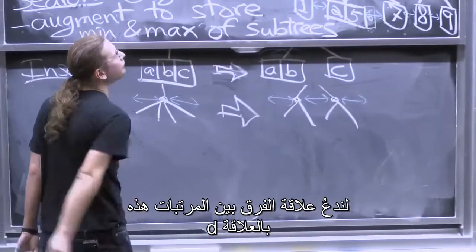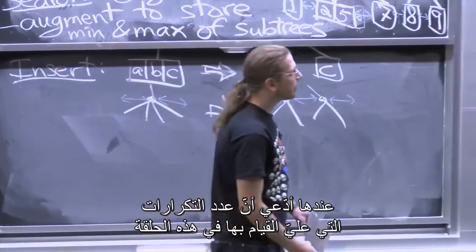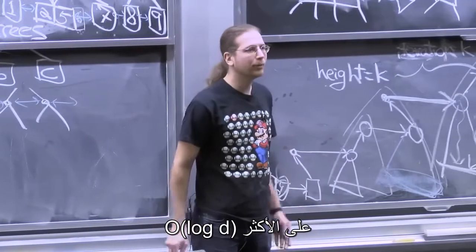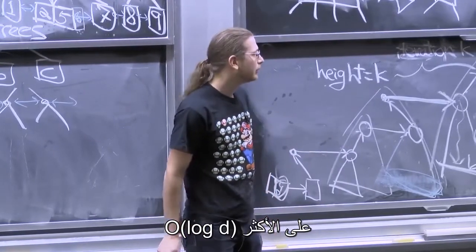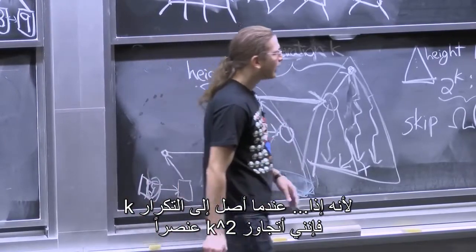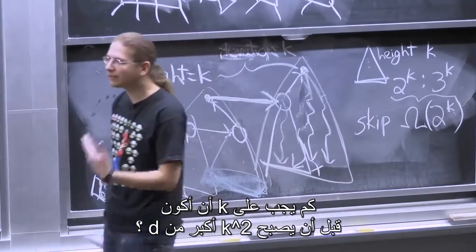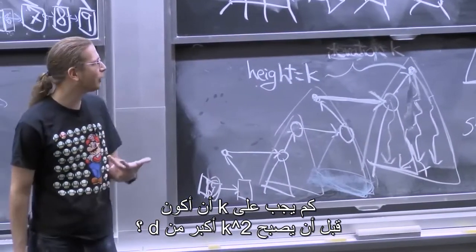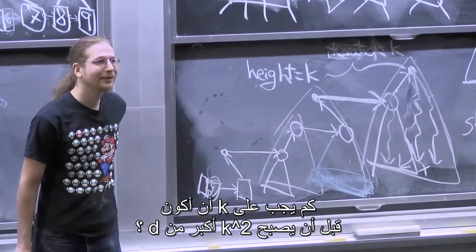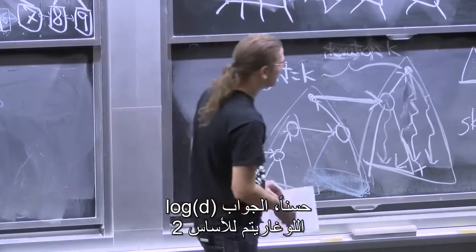Let's call this rank difference d. Then I claim the number of iterations I'll need to do in this loop is at most order log d. Because if when I get to the kth iteration I'm jumping over 2 to the k elements, how large does k have to be before 2 to the k is larger than d? Well, log d, log base 2.